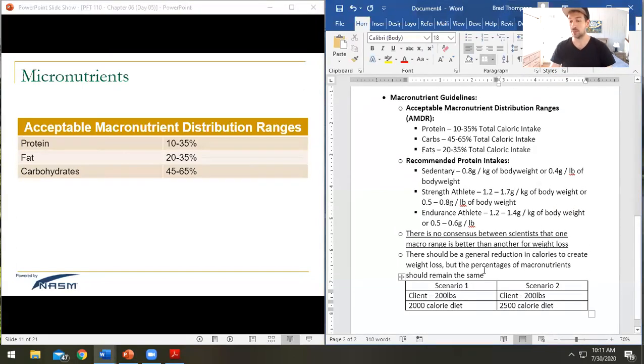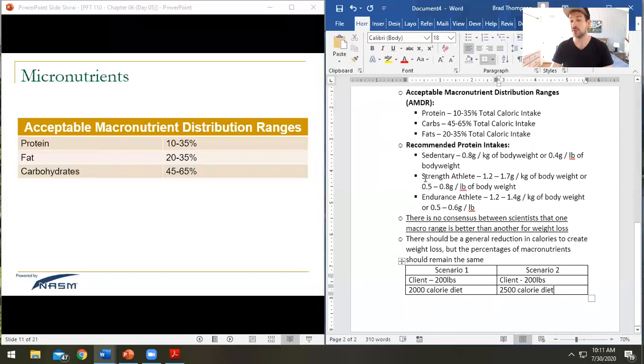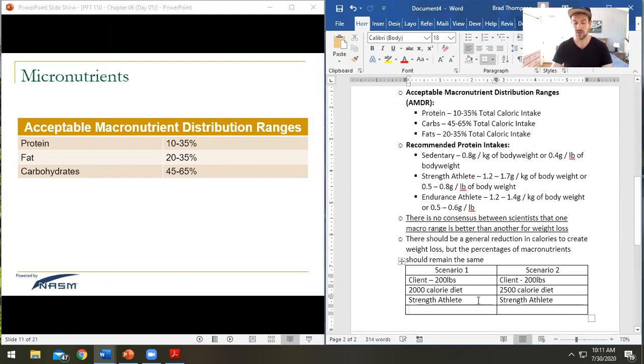Let's go with a recommended protein intake. Let's say both of these are strength athletes, right? Okay, so protein intake.